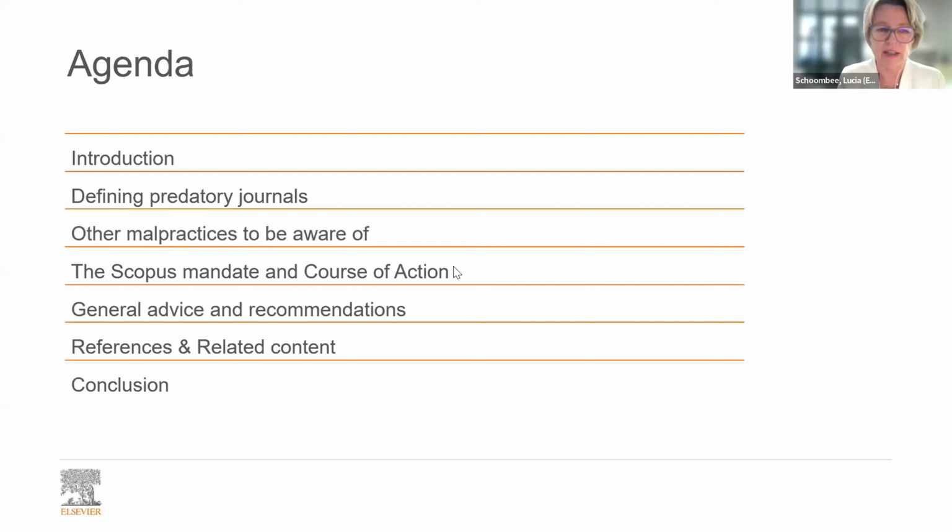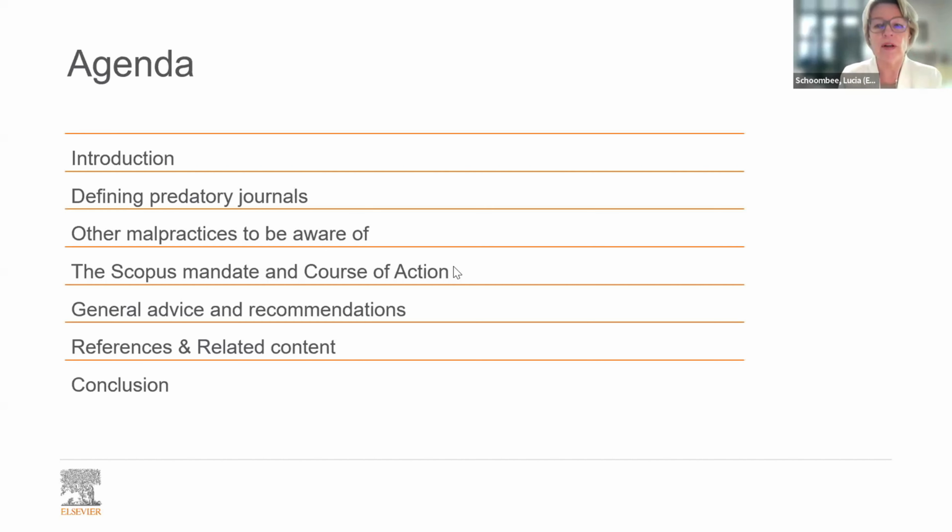Right, so how I'm going to cover this: just a brief introduction about some of the history. Most of you know that, I think, where did predatory journals come from? And then we'll define predatory journals. We'll also look at other malpractices because it will put predatory journals in context, to understand what predatory journals are and what some of the other unethical practices are that we see these days in publishing.